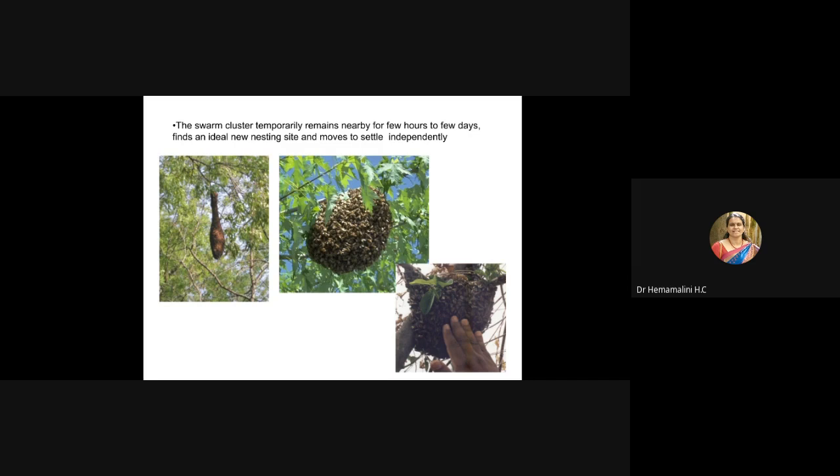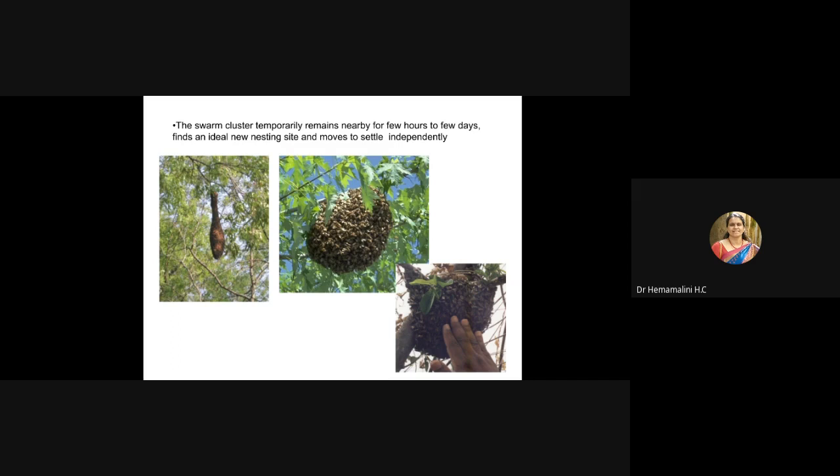And this swarm aggregates temporarily for a few hours to a few days in such locations, as you can see, on a tree or a building or any frond or twig.